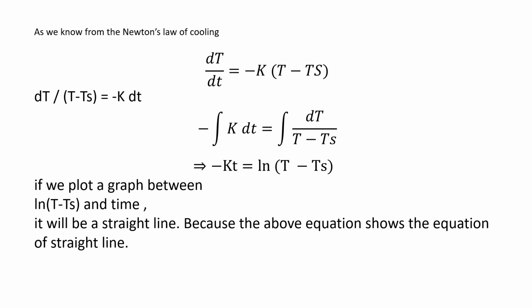As the question asks us to plot the graph between ln (T minus Ts) and time, what do we get? We get a straight line, because the above equation is the equation of a straight line. So let's jump to the next question.